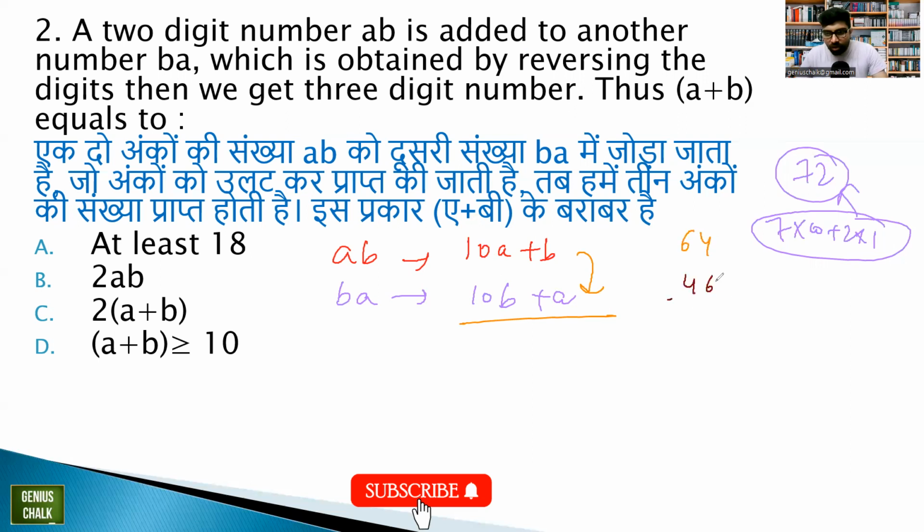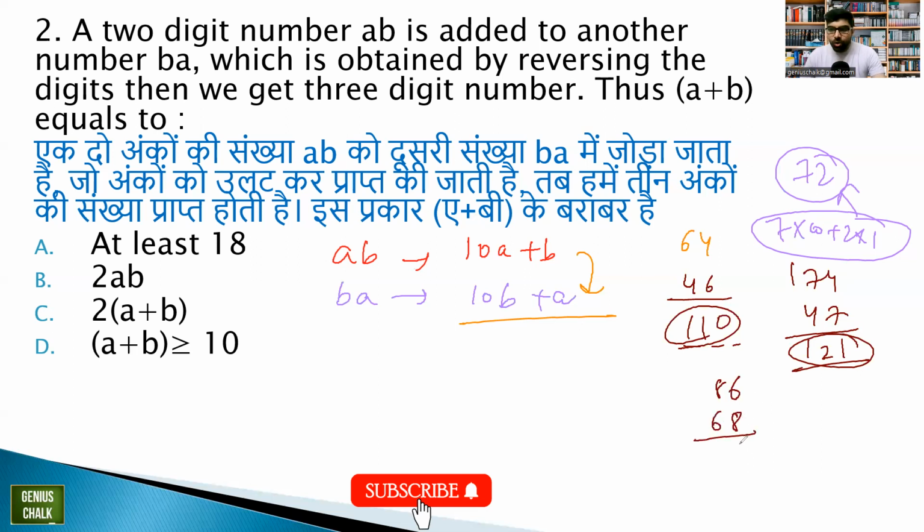This is 46. If I add, this will become 110. You can see that it's a three digit number. If you take 74 and interchange it, it becomes 47, and 74 plus 47 is 121. If you take any other number, let's say 86, and you reverse it and add, how much does it become? 154. Can you observe something here?